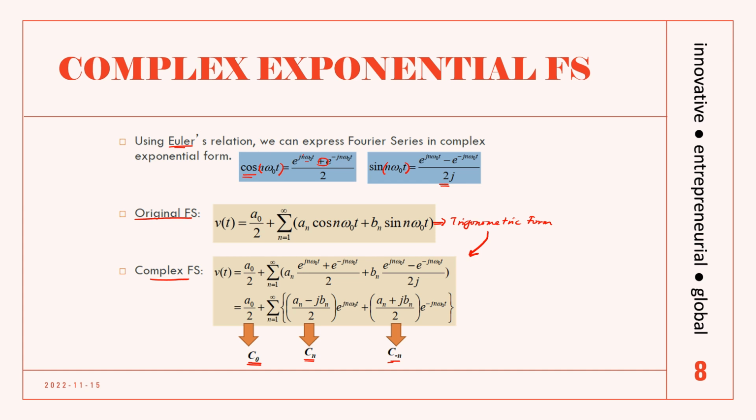This is from our previous lecture. Once you get the complex exponential Fourier series, you can identify straight away the value of C naught, the value of Cn, and the component of C minus n.